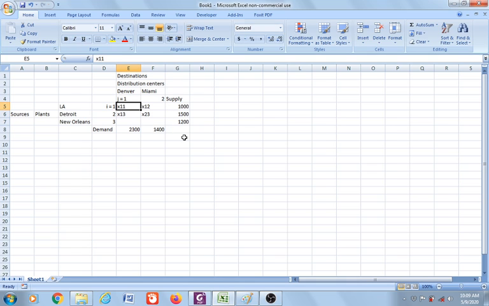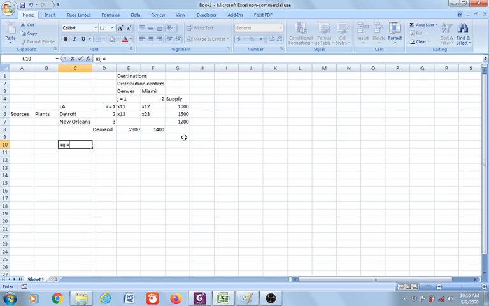X11 is the number of cars that we will send from source number 1 to destination number 1. So in our case, the source number 1 is plants in LA, and destination number 1 is the distribution center in Denver. So in general, our decision variable is gonna be Xij.